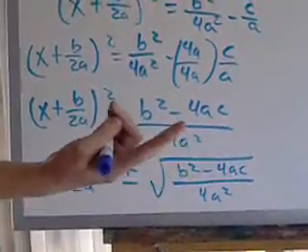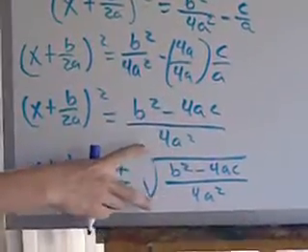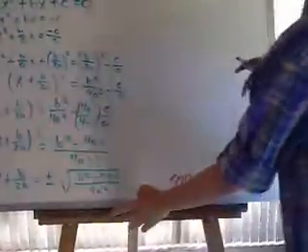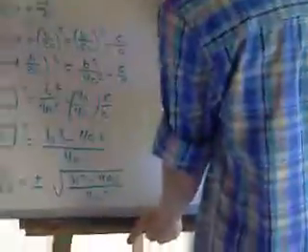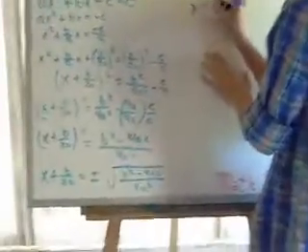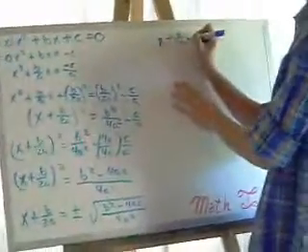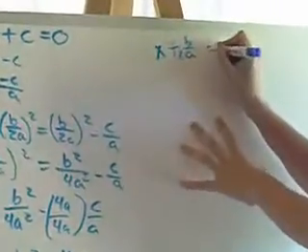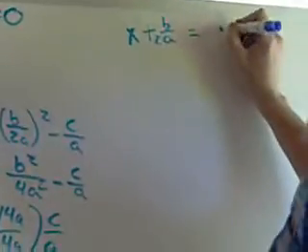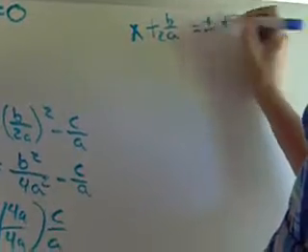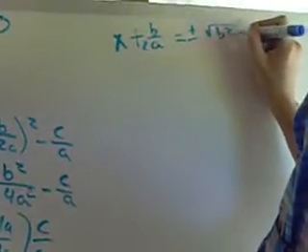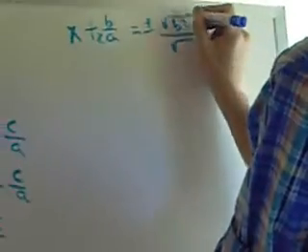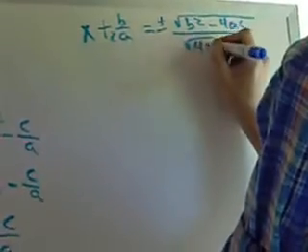I'm going to apply the power law, and I'm going to do that square root divided by the other square root. So I have x plus b over 2a is going to be equal to plus or minus the square root of b squared minus 4ac divided by the square root of 4a squared.